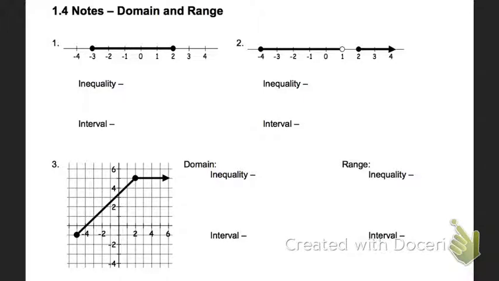With inequality, you're going to use less than, greater than, less than or equal to, greater than or equal to. And then with interval notation, you'll have brackets or you'll have parentheses.